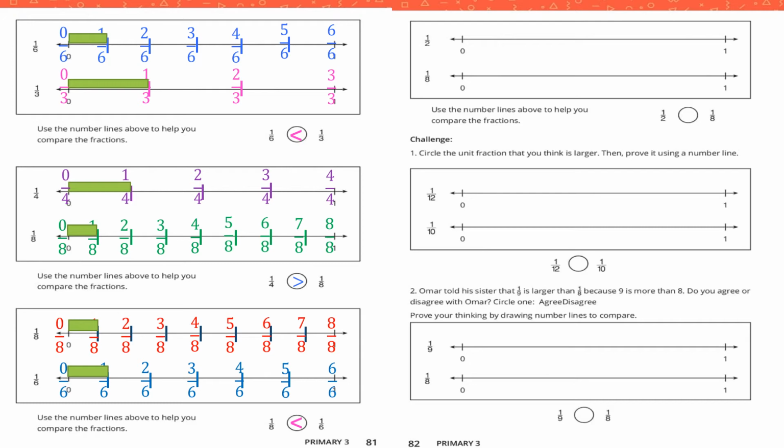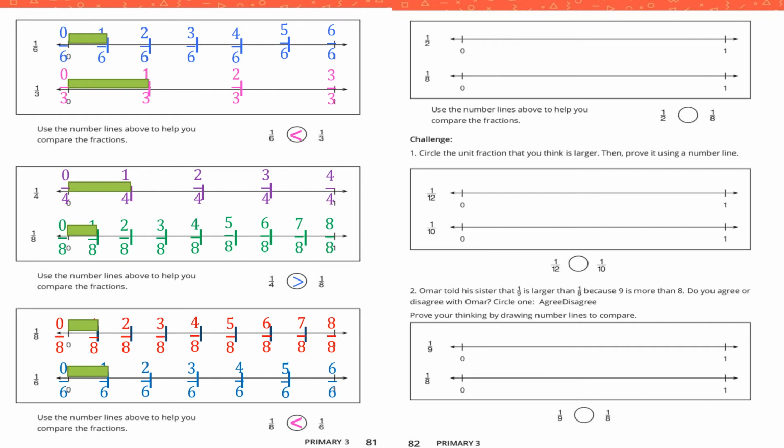This is a crazy fraction, okay? 1 over 4 and 1 over 8, it's a crazy fraction because we have same numerators. And when we have crazy fractions, the big is small and the small is big. So 1 over 4 is bigger than 1 over 8. 1 over 8 is smaller than 1 over 4, okay?